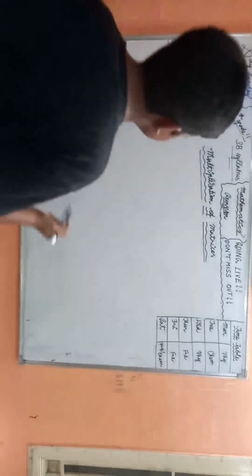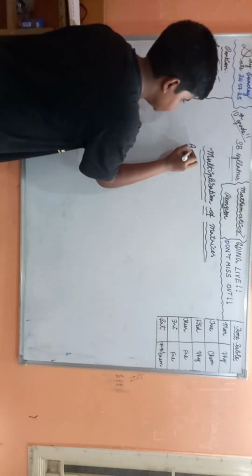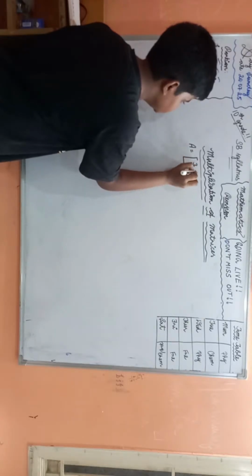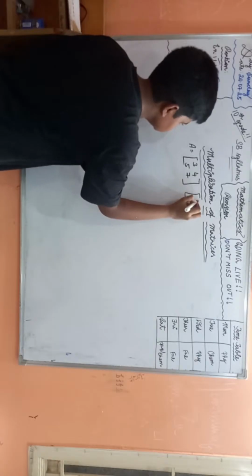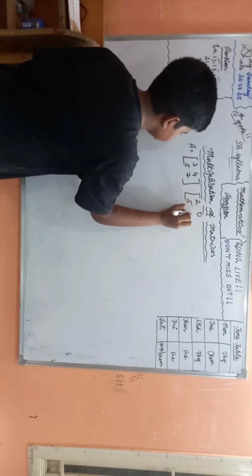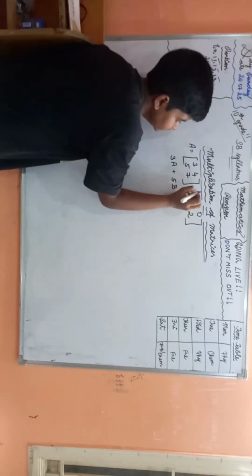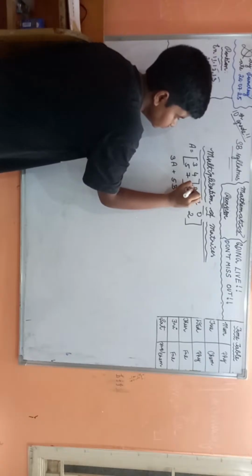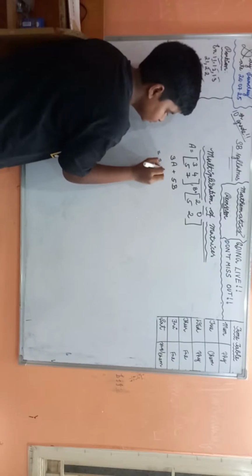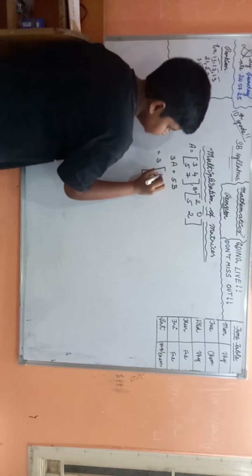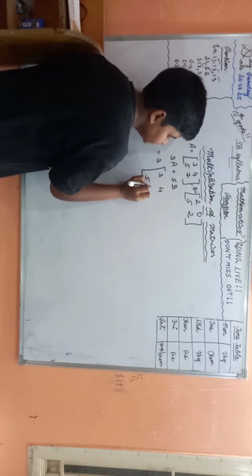So, guys, imagine if they give you 3, 4, 5, 7, 2, 0, 5, 2, and if they ask you 3A plus 5B. So 3, 4, 5, 7.